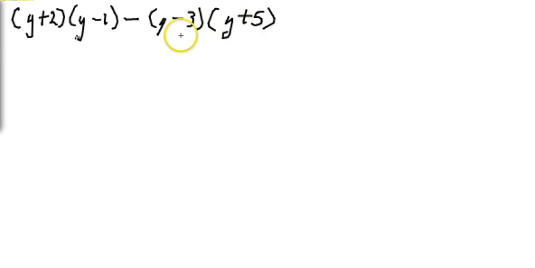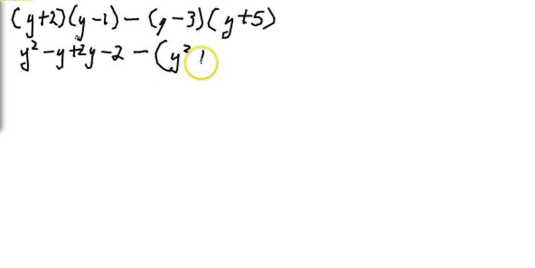The best way to handle this is first to just do the first product. So y squared minus y plus 2y minus 2 minus, now since that's a minus, I need to put brackets around this product, which will be y squared plus 5y minus 3y plus 15.